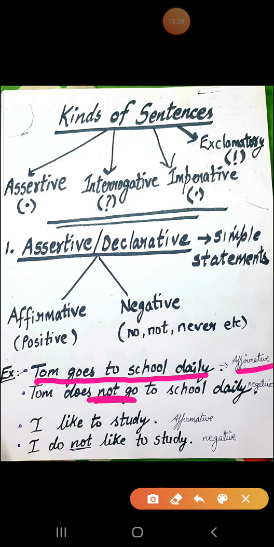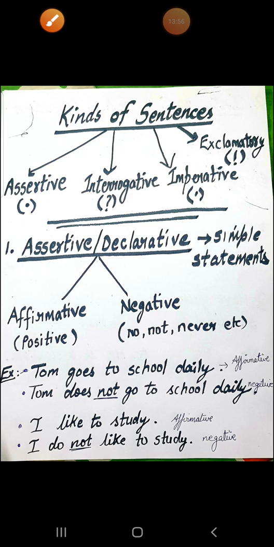It means Tom does not go to school daily, means he goes to school very often, or maybe goes to school for some days and then stays absent or something like that. Then again, see the second example, I like to study.